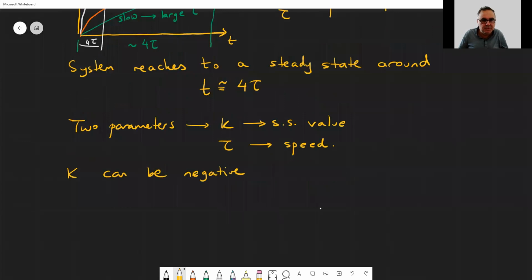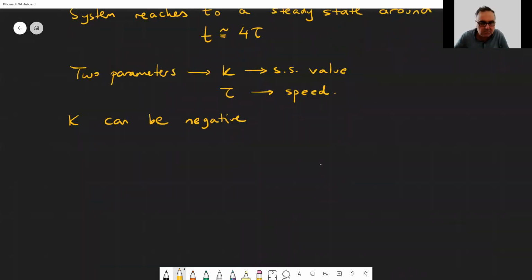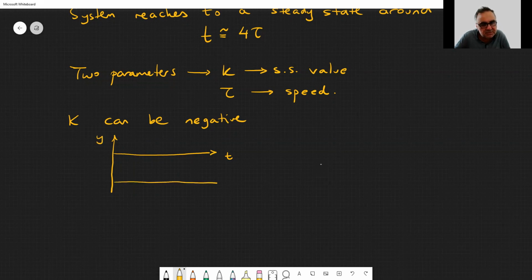For example, when you put a step input to a system, the response will be, if this is K, this is Y. In this case, the response is going to be a negative value, like K. Okay. K is a negative number.